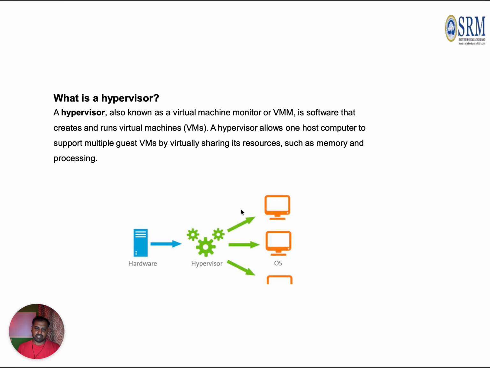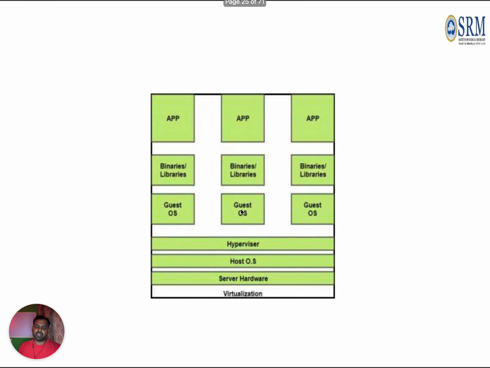So a single hardware runs the hypervisor, where the hypervisor can simulate multiple virtual machines. In each virtual machine you can run an individual OS separately, where that OS environment looks like it runs on a single hardware, but originally all the multiple virtual machines are running on one single real physical hardware. So that's the major difference.